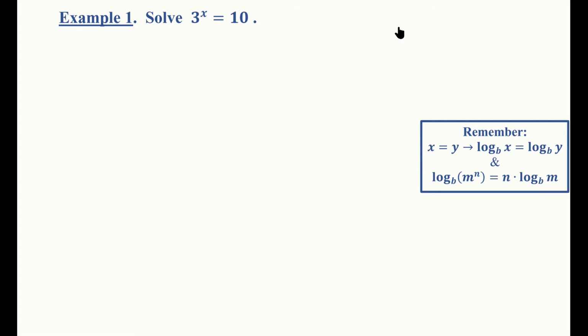Again, this is an advanced operation that is being done on both sides of the equation. It's not one of the basic four operations: add, subtract, multiply, divide, but it works because of the fact that the logarithmic function is indeed a function. So we take the log.